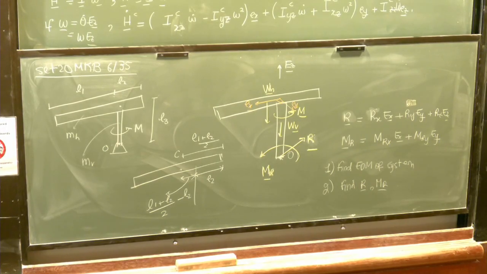Okay, I can see it well. So you see the weight that's off center for the horizontal bar. How do you calculate the moment of that force about O? Yeah, so it's always the position vector from O to the force crosses the force.